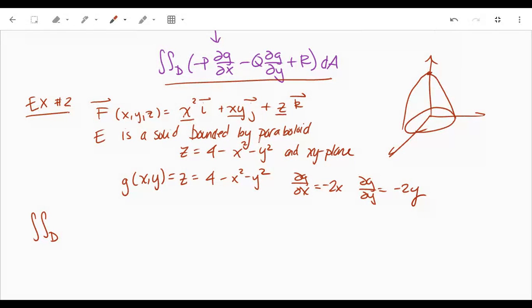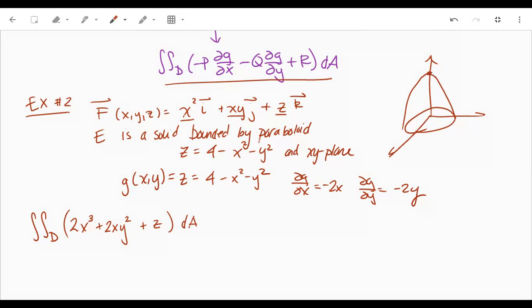Okay, so negative P, so negative x squared times dg dx, which would be negative 2x. So we have a positive 2x cubed. Okay, minus Q, so minus xy times dg dy, which is negative 2y. So we'd have positive 2xy squared. Okay, and then plus R. And then dA.